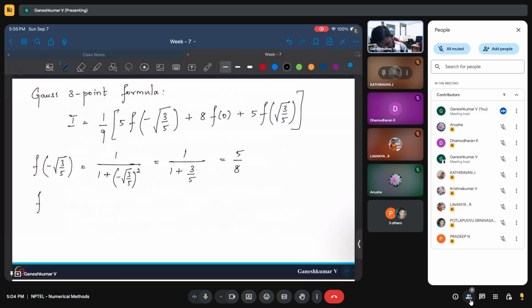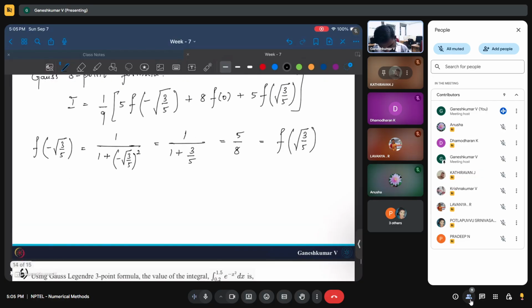This is also the same as f(square root of 3 by 5), because x is squared, so whether it is minus square root of 3 by 5 or plus square root of 3 by 5 doesn't matter. And you also need to find out f(0). F(0) is simply 1.